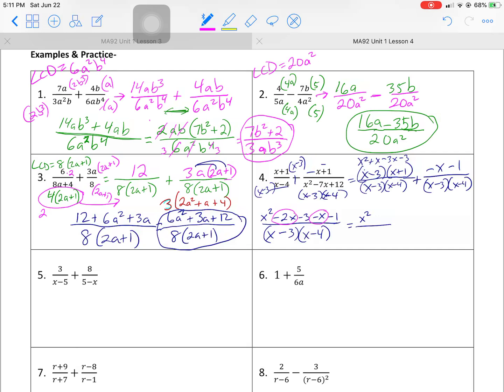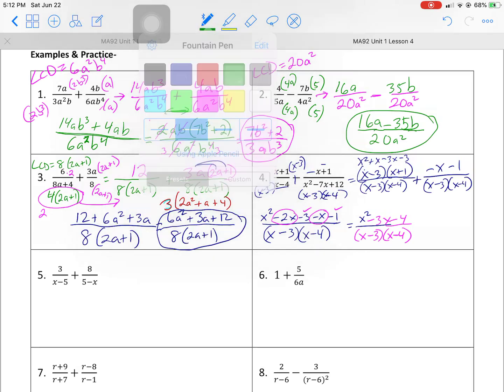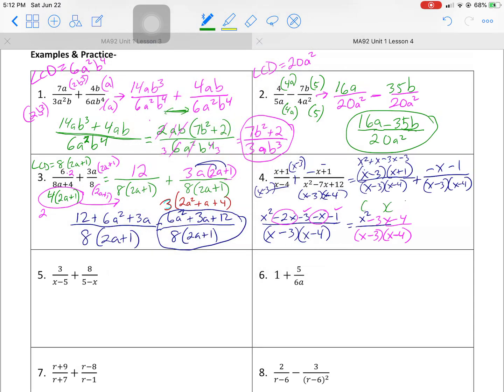That's going to make negative 3x, and this one make a negative 4. That might factor, so hang on. Let's see if that factors. x plus, minus, yep, 4, 1.